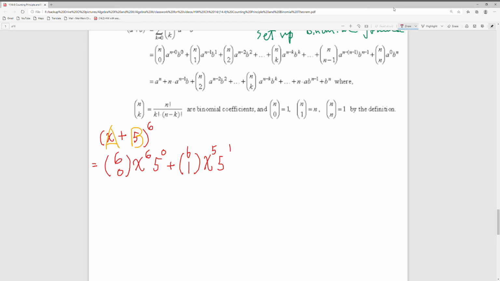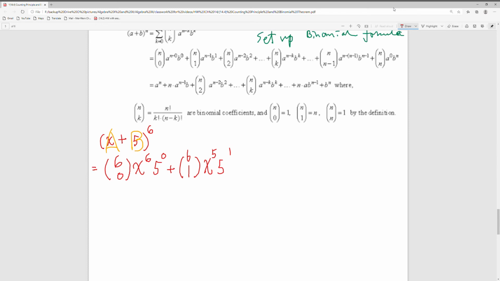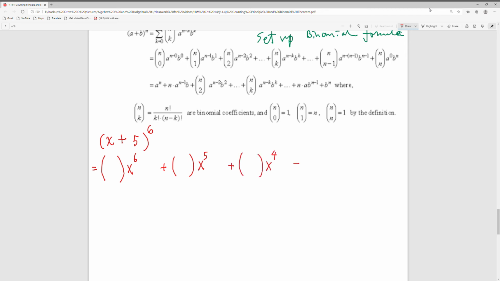Okay, but let me start all over to show you, if on the test, what's the best way to show the work. Earlier I was just showing you the concept for the example. But if I'm doing this homework question, I will set up parentheses with x^6, plus parentheses with x^5, plus parentheses with x^4, plus parentheses with x^3, plus parentheses with x^2.